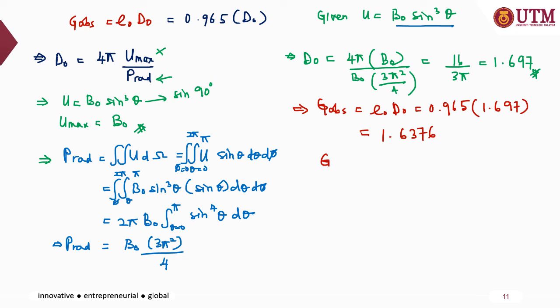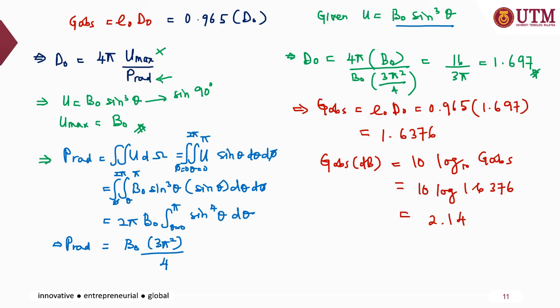In dB, G abs is equal to 10 log 10 of your G abs, so 10 log of 1.6376. Your G abs will be around 2.14 dB.